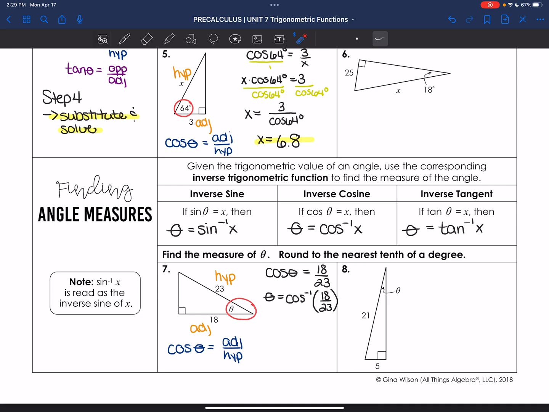And so then you just type that in your calculator. You have a button that is inverse cosine, and then it'll allow you to type in that fraction. We're going to round, and what does that round to, ladies and gentlemen? What is the approximate value of our angle theta? It is 38.5 degrees. Make sure that you do note that we're dealing with an angle, so we'll want to answer it in degree measure.